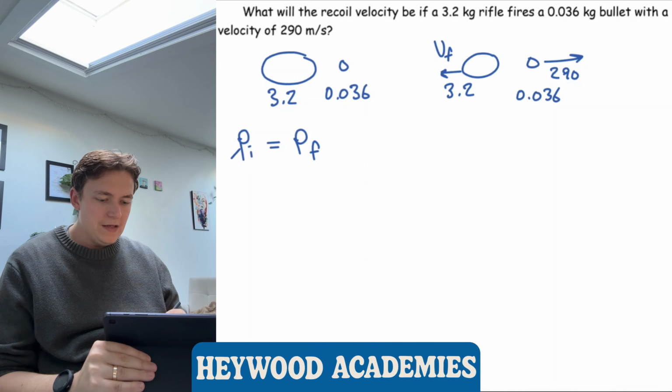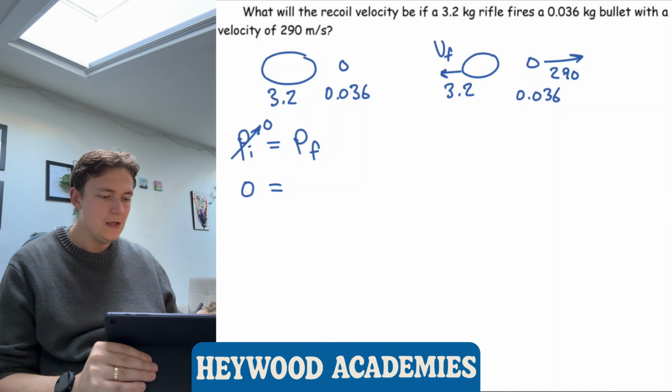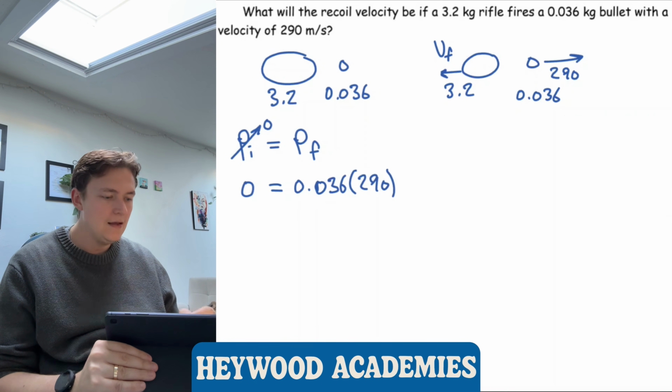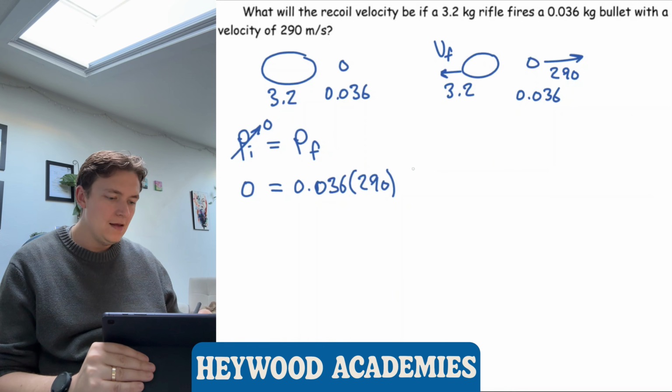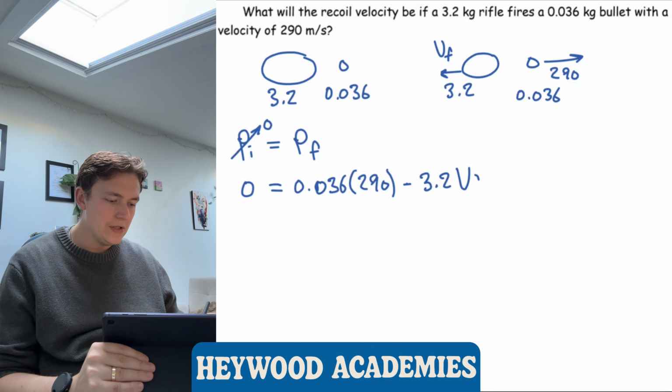Now nothing's moving initially, so that's going to be a big fat 0. Then from the final momentum, we've got the bullet, 0.036 times its velocity, 290 positive because it's going to the right. Then we'll have 3.2 times the final velocity, but that's going to the left, so I'm going to stick a negative in here. So we'll say minus 3.2 times V final.